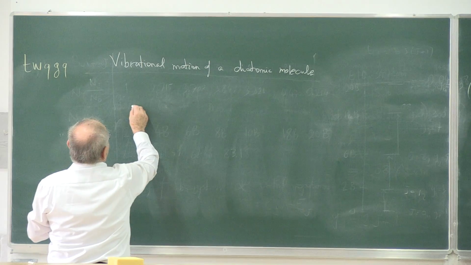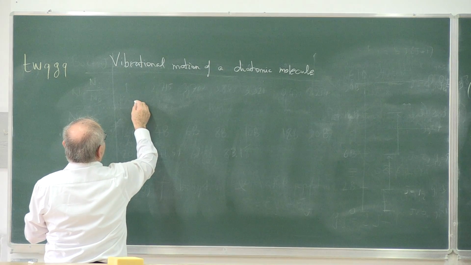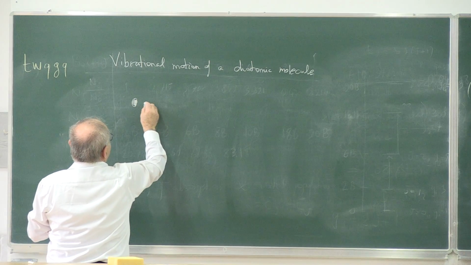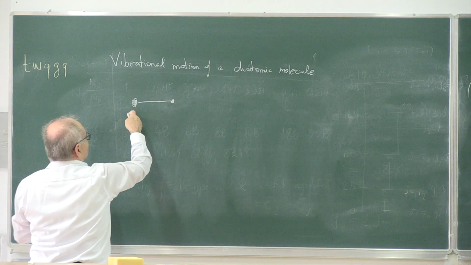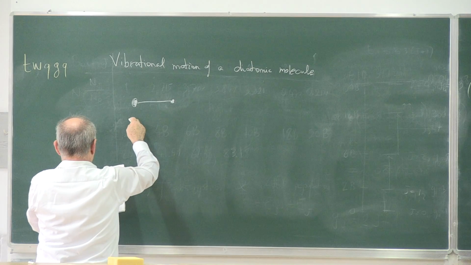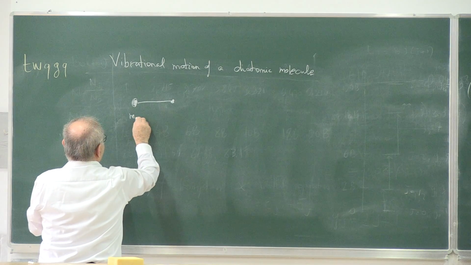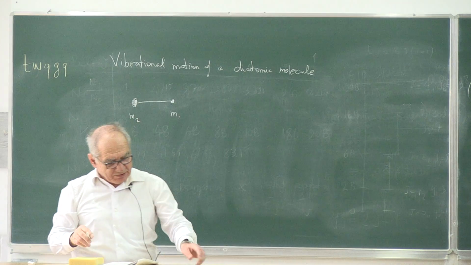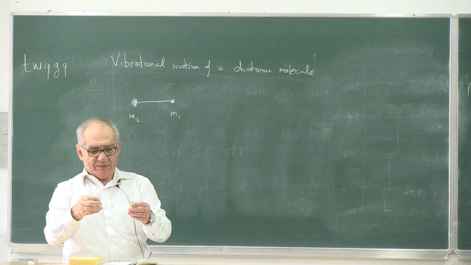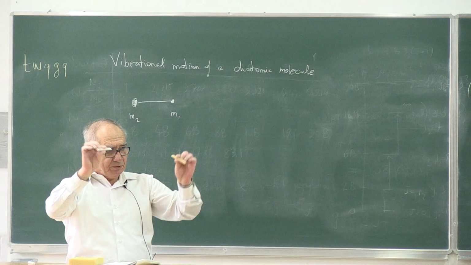Now, in a diatomic molecule, there are just 2 atoms. So if we indicate the 2 atoms by such symbols, this has mass 2, this has mass 1. Vibrational motion is this type of motion. You have 2 atoms, all right?